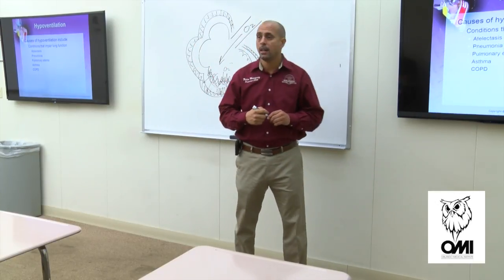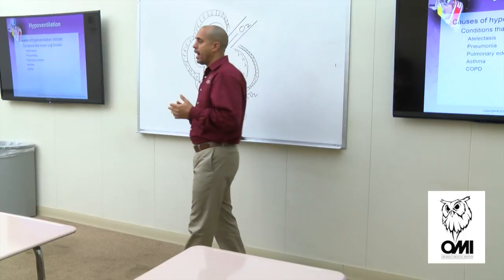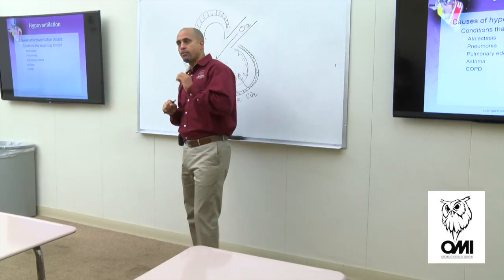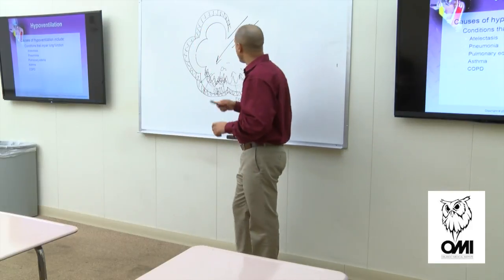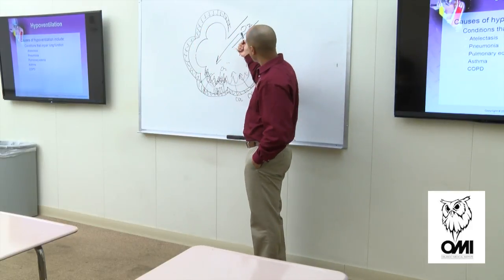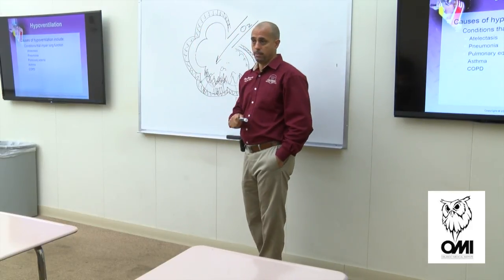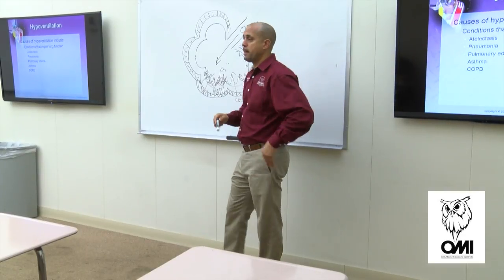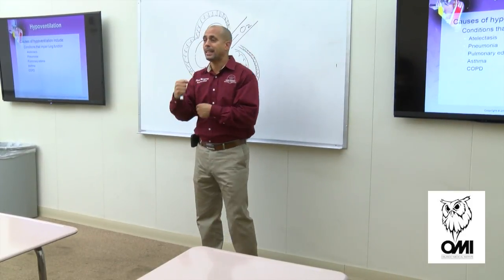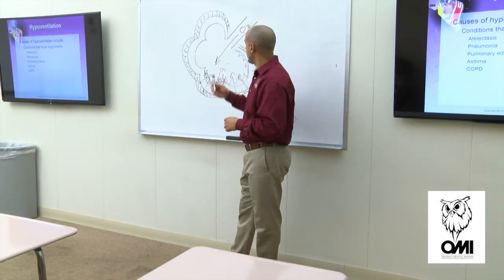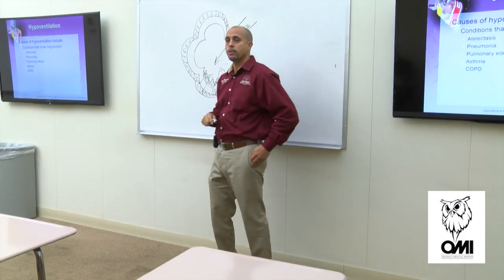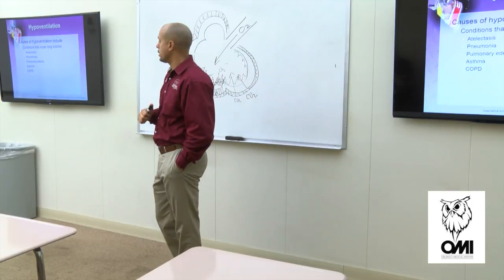All right, asthma. We know asthma is a restrictive disease. It's not a chronic disease. What happens with asthma? It's a trigger disease. A lot of times, the bronchioles are the problem. The bronchioles tend to spaz out, not allowing exchange of gases as well. So it's normally the terminal bronchioles where you'll see this issue.